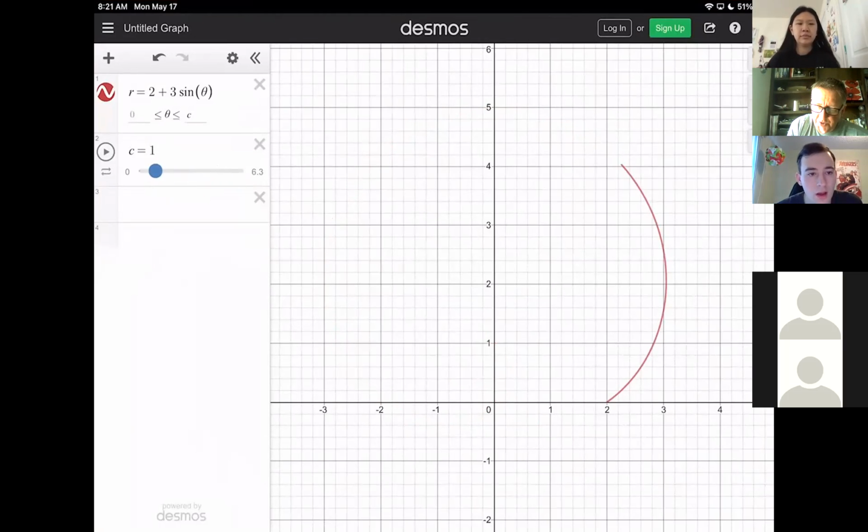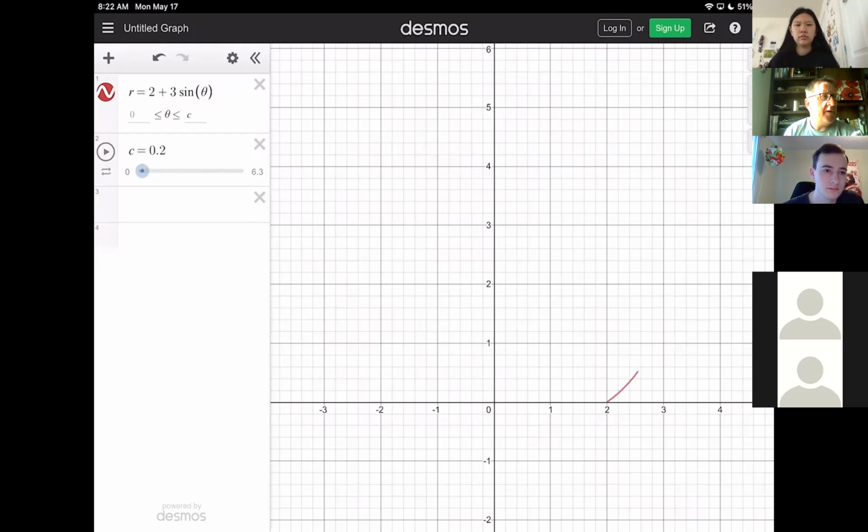So again, we watched it grow from 0. If you put in angle 0, the sine of 0 is 0, and 2 plus 3 times 0 is 2. Notice the radius is 2. So when the angle is 0, the radius is 2. So our first point is 2, 0.